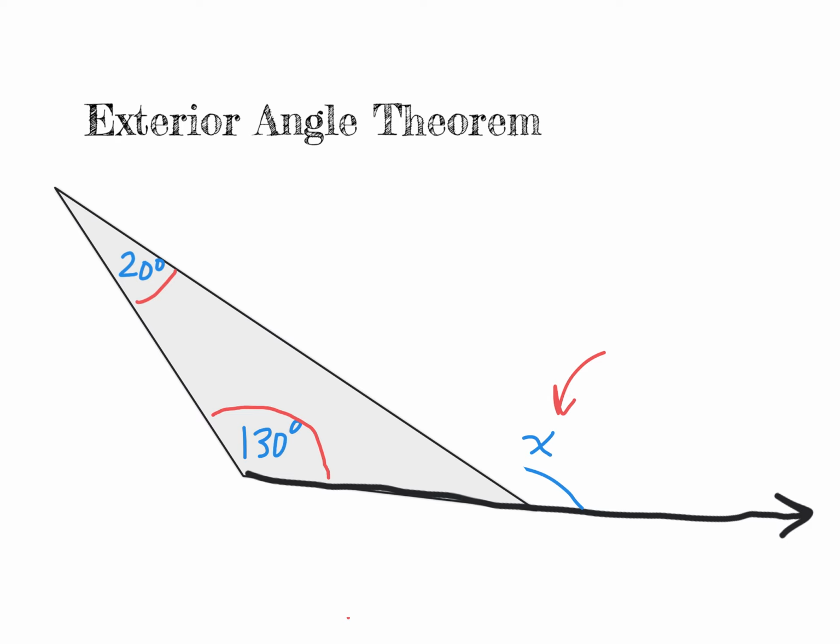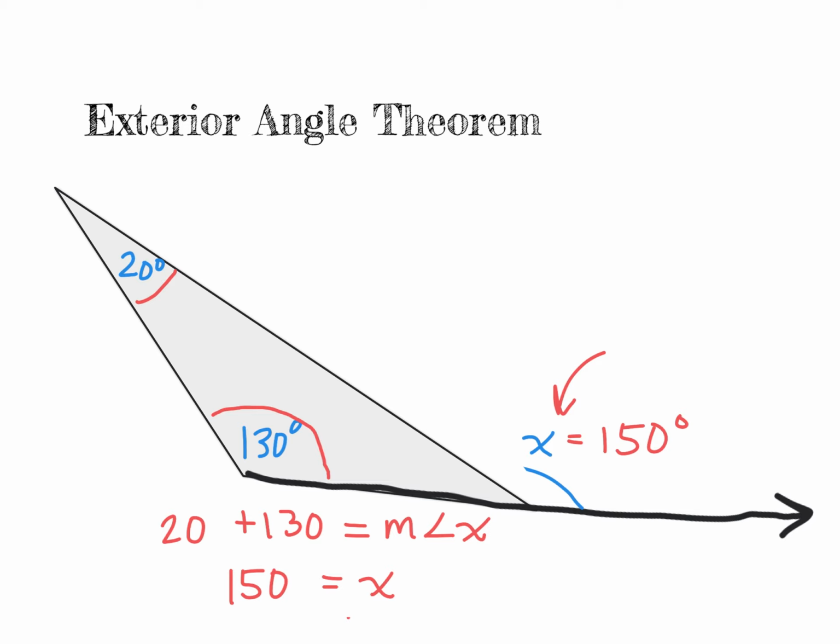But again, this theorem simply says that if I take the sum of those remote angles, so 20 degrees plus 130 degrees, that is automatically equal to the measure of that other exterior angle. So, simply put, we need to add those two angles together, and 20 plus 130 in this case is 150 degrees, which means that the measure of angle x is 150 degrees. That's really all there is to it, which is kind of cool.